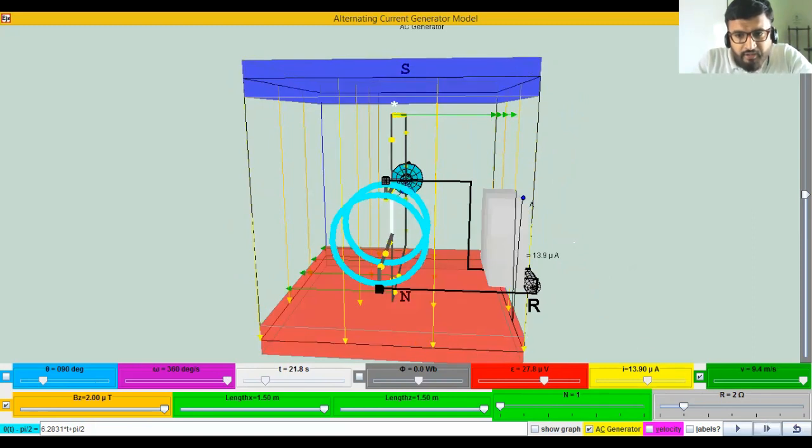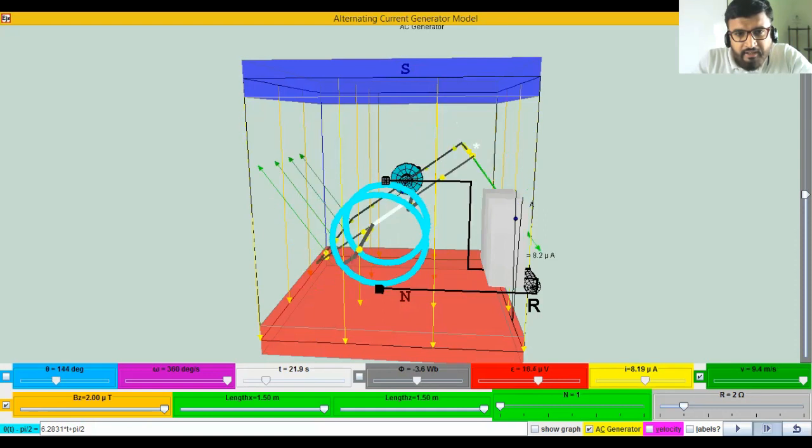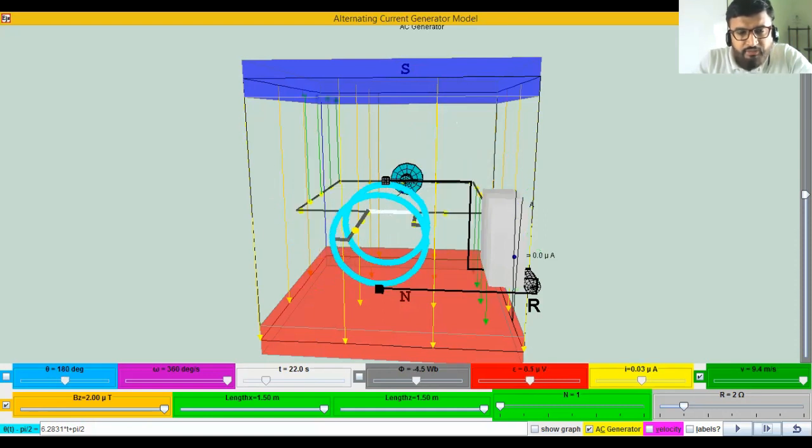However, when we move this coil further, it makes a particular angle, and then the velocity becomes parallel to the magnetic field. Now for Fleming's left-hand rule, the force and the magnetic field should be at 90 degrees to induce current. However, when the force and magnetic field come at an angle of 0, the current will disappear.